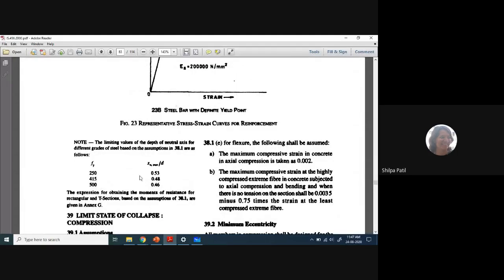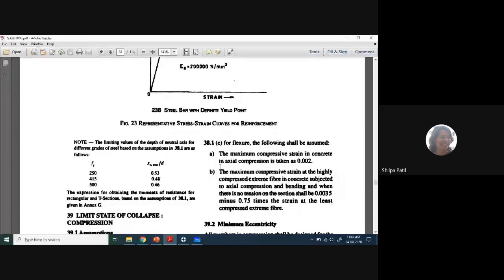Yes, ma'am. The limiting values of the depth of neutral axis for different grades of steel, based on the assumption in 38.1, are as follows. So for different grades of steel, the XU max upon D, that is your KU max values, are already given in the code. If you have the table which we prepared last week, just compare the values.